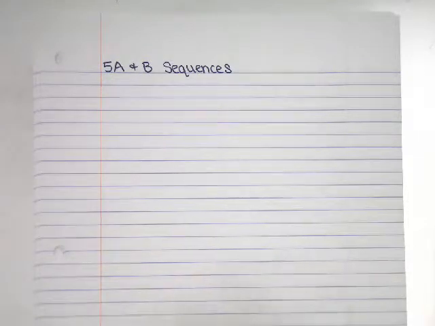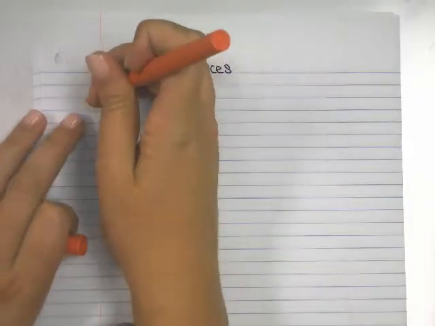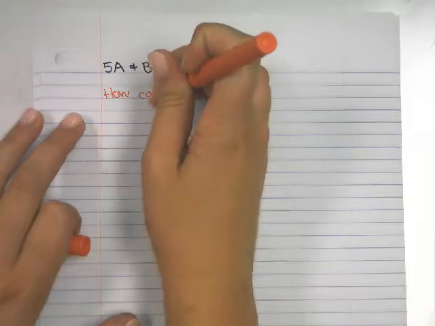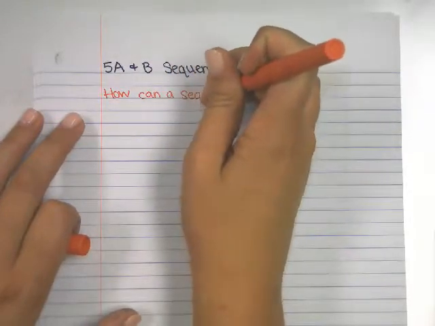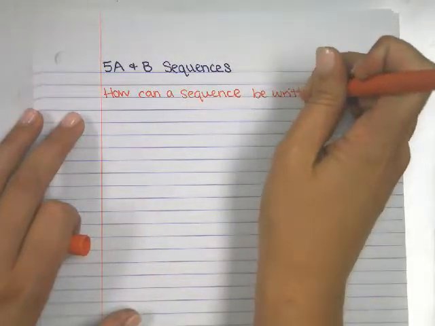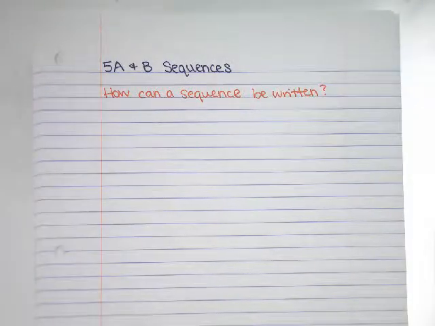We have different ways that we could explain what a sequence is. Okay, so how can a sequence be written?